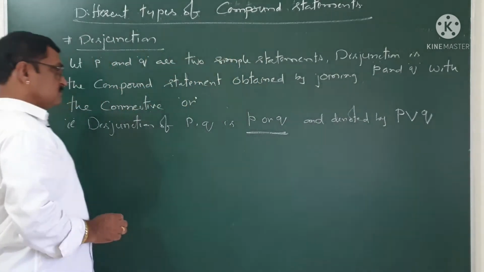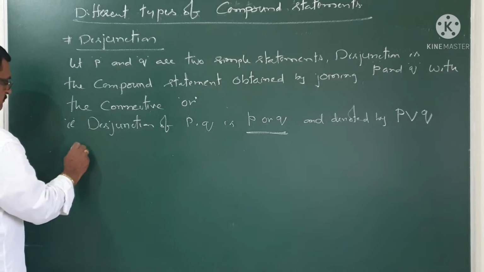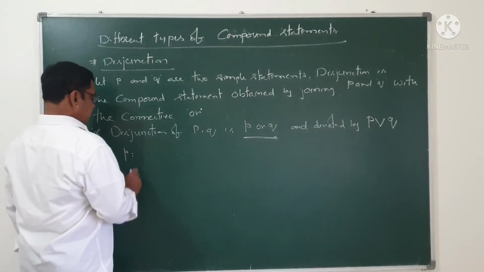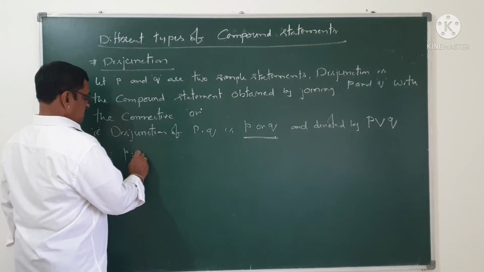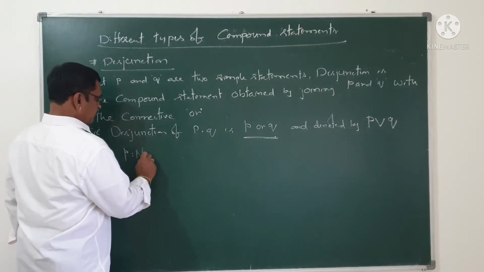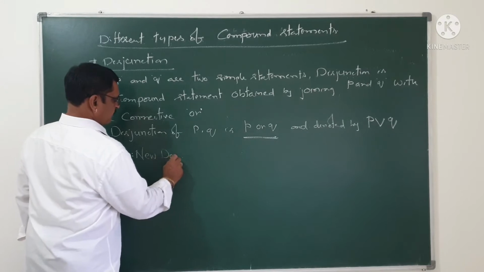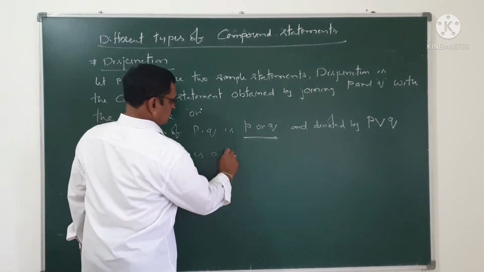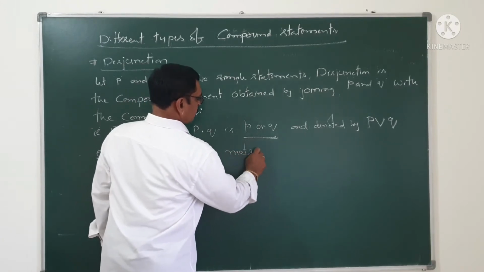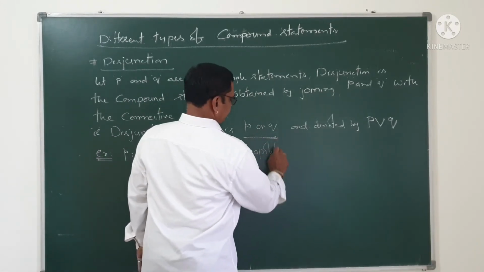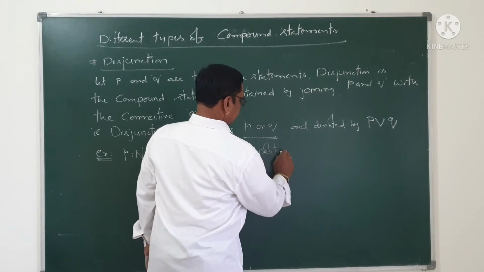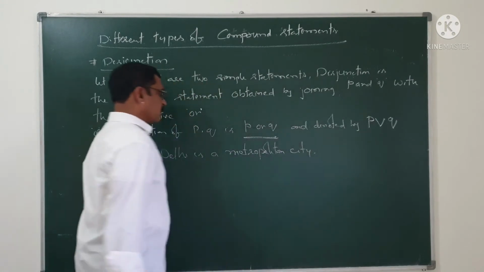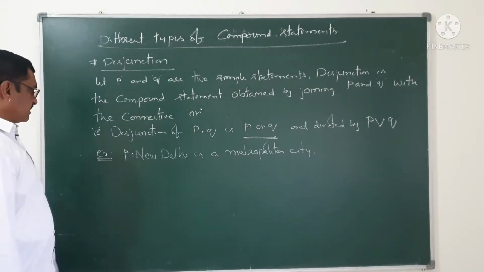Okay. Now, for example, take P statement: New Delhi is a metropolitan city.